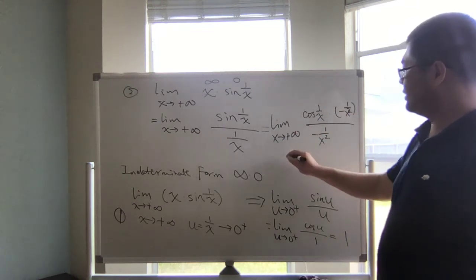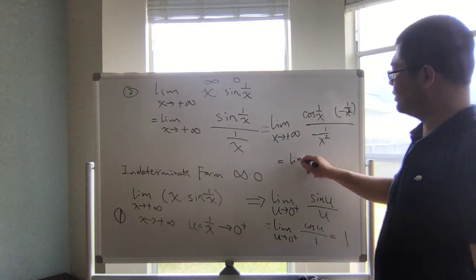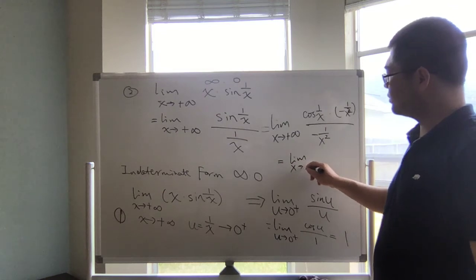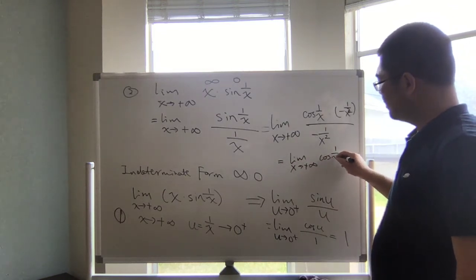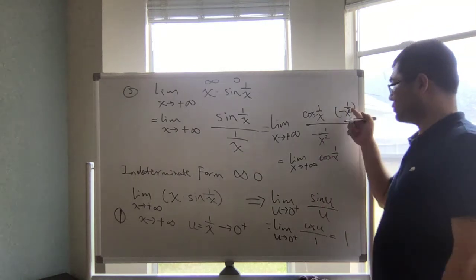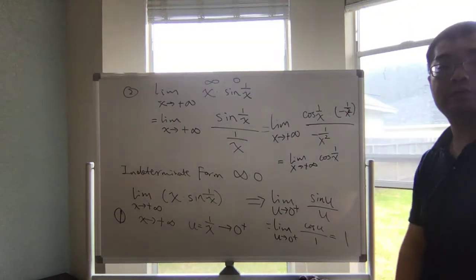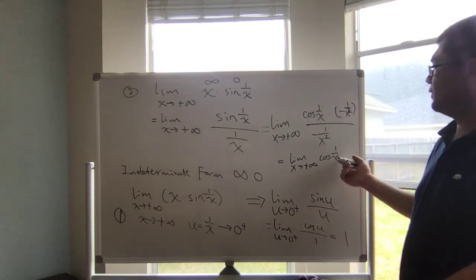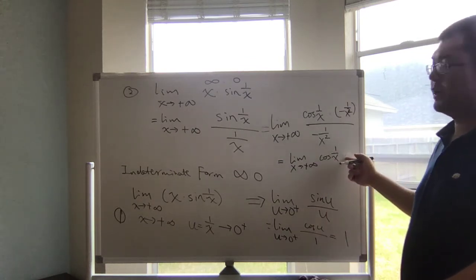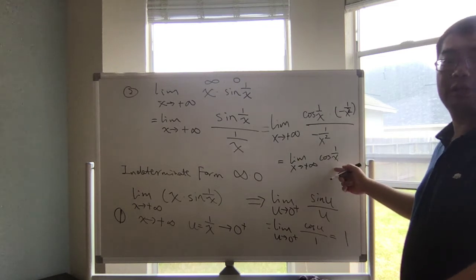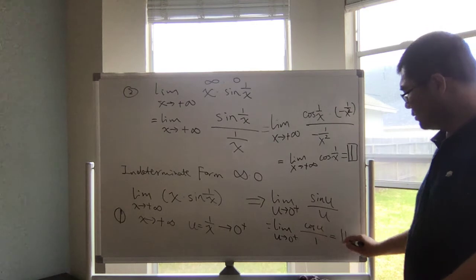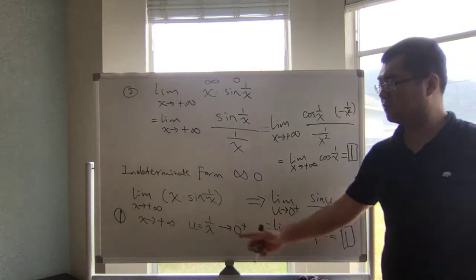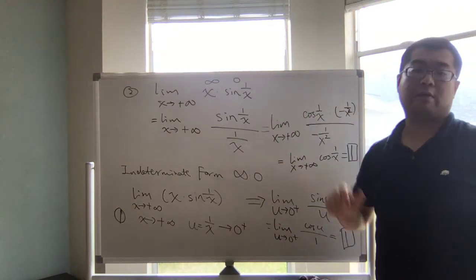And you see that you can simplify this into limit as x goes to positive infinity of cosine of 1 over x, because those two are identical, you can cancel them. What's the limit for this? As x goes to infinity, 1 over x goes to 0, so cosine of 0 is 1. Okay? So you see that one approach, the other approach.